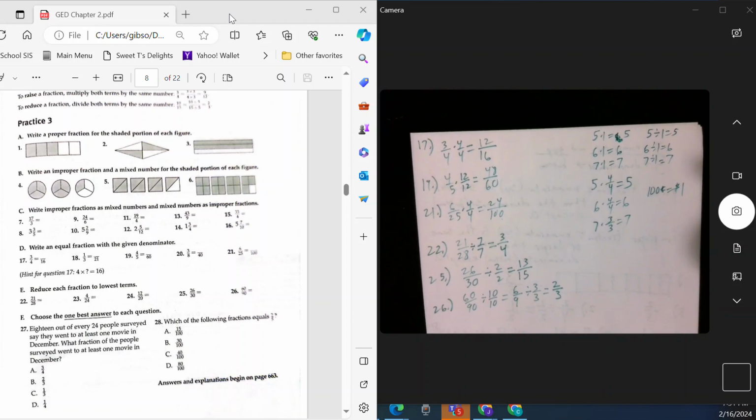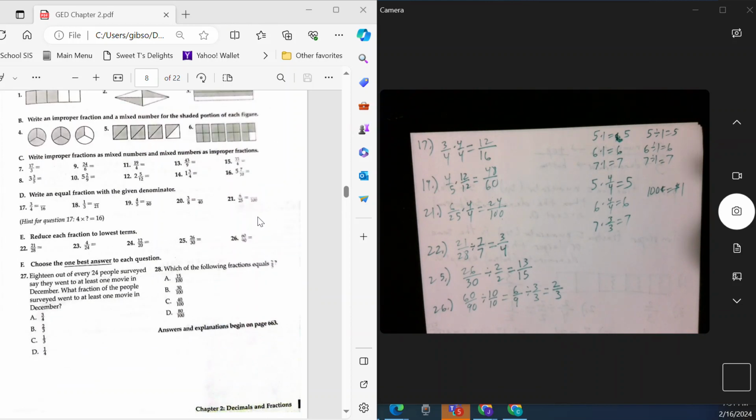Okay, now for problem 27 and 28, which is the last of this section, it says 18 out of every 24 people surveyed say they went to at least one movie in December. What fraction of the people surveyed went to at least one movie in December? So they said 18 out of 24.